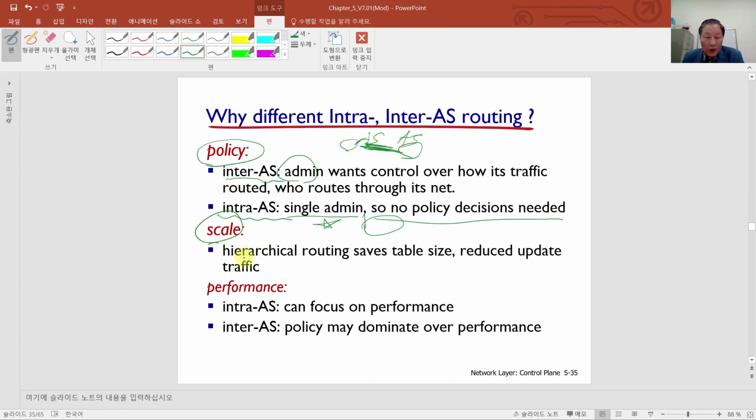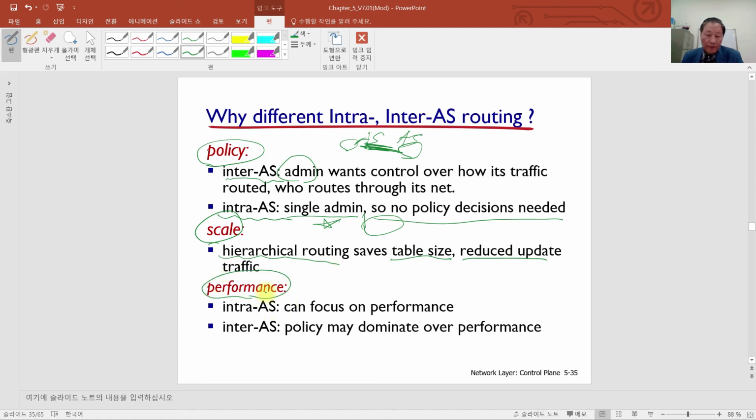Okay, scale. We should think about the scale. Hierarchical routing saves table size. If we are using hierarchical routing, then we can reduce the table size and also reduce the traffic update.